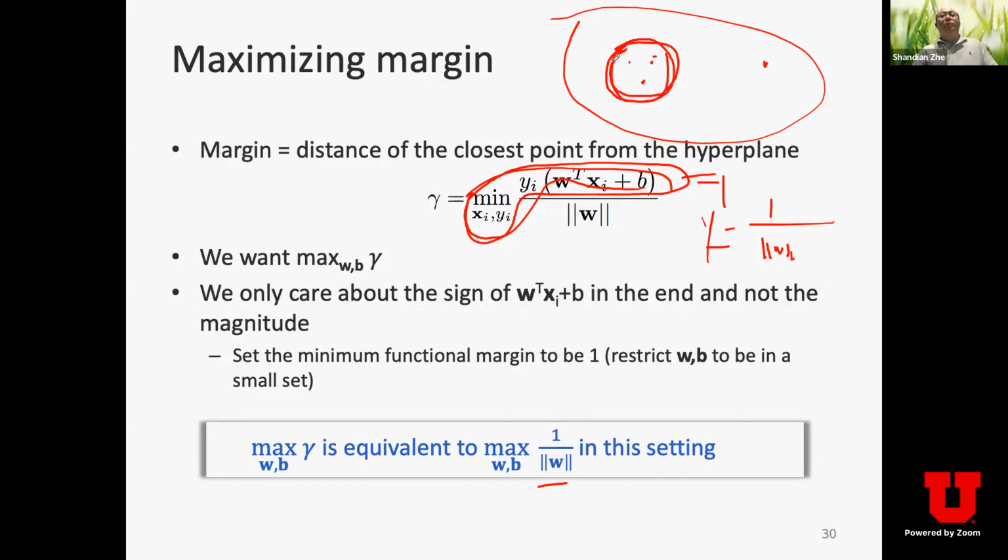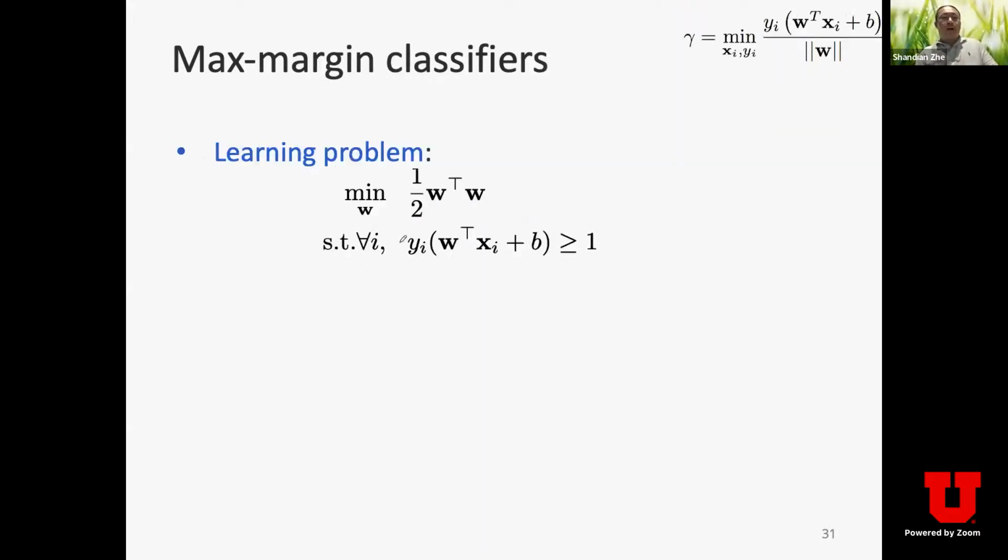So maximizing 1 over the norm of W essentially is minimizing the square norm. So here comes our formal formulation. The objective function is simply to minimize the square norm of W, which is W transpose W. We put a constant half here.